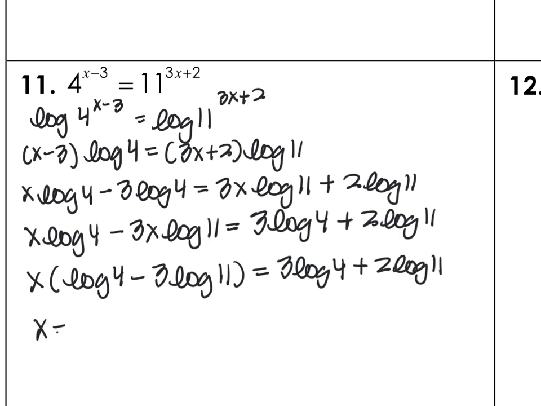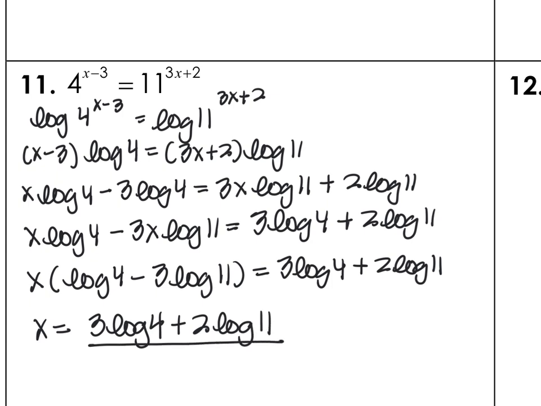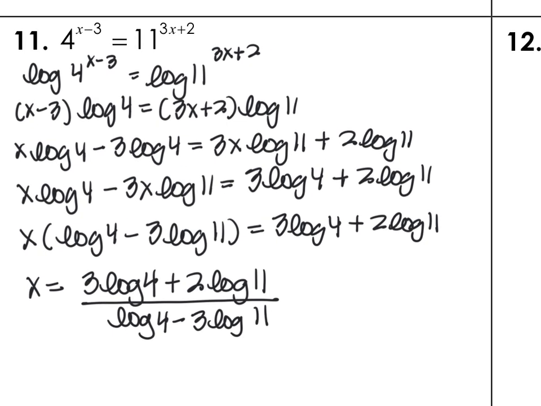Lots of writing on this one, isn't it? We're almost done though, guys. Alrighty, so divide by that chunk that's by the x, and then we have an answer. There we go. And again, in the calculator, the approximate answer is negative 1.54.